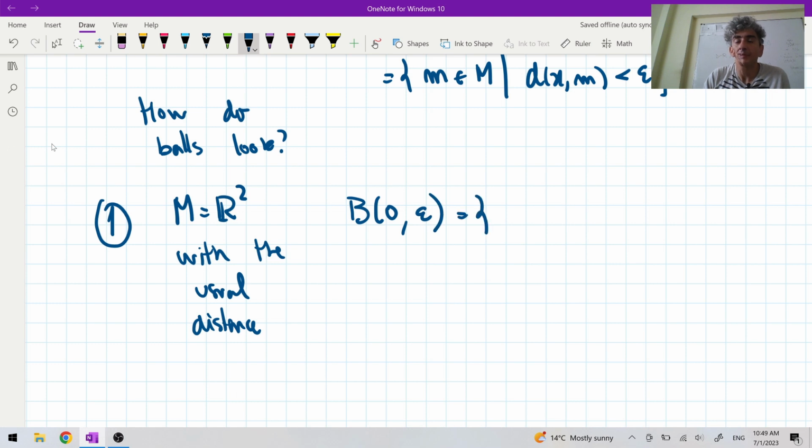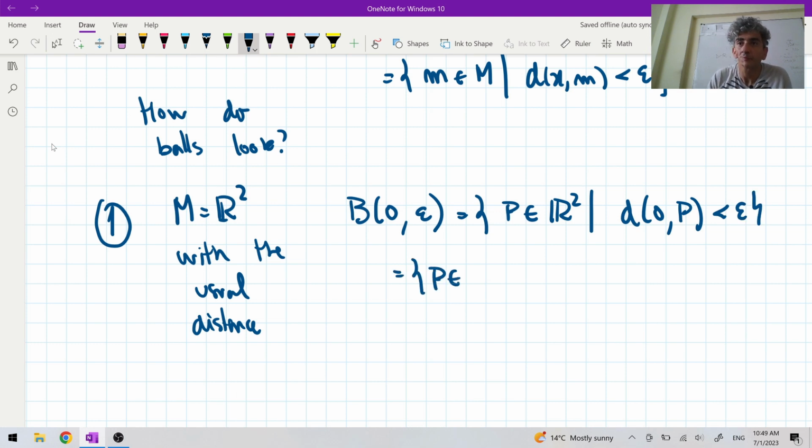This is all the p's in R2 such that the distance between 0 and p is less than epsilon. If you write it down, it's the set of p1 squared plus p2 squared less than epsilon squared.